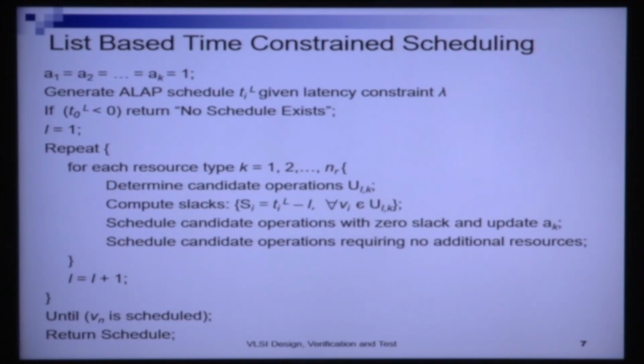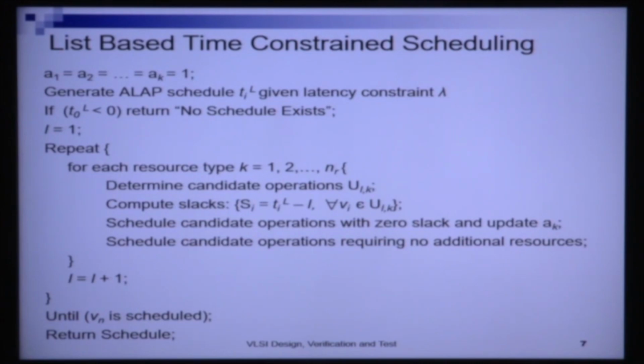Suppose I have a set of unscheduled operations that were not allocated in the current time step. For all those operations, the slacks in the next time step will reduce, because the value of L has increased. So, T_L minus L will decrease. So, we have to recompute slacks.